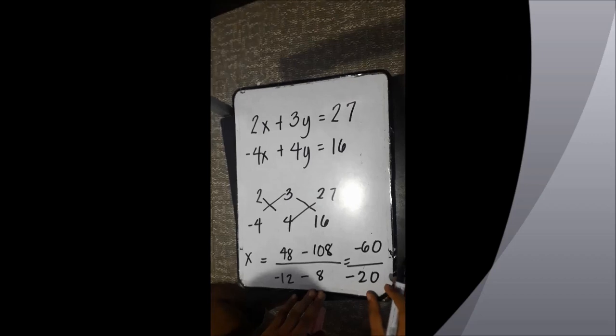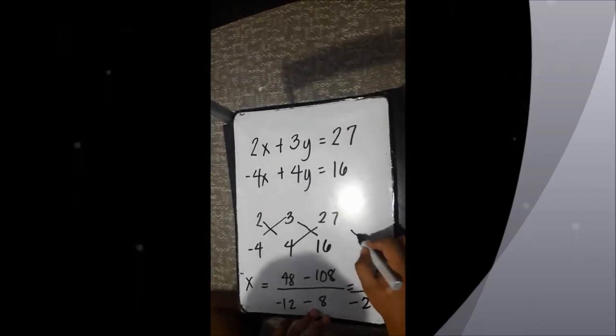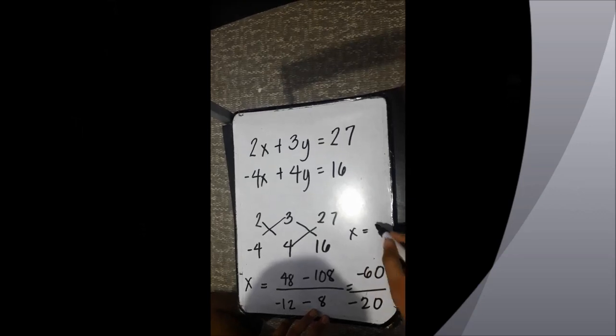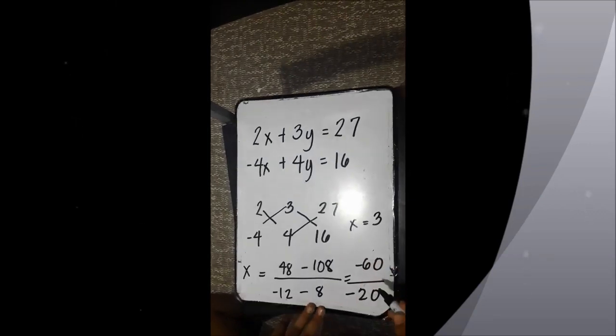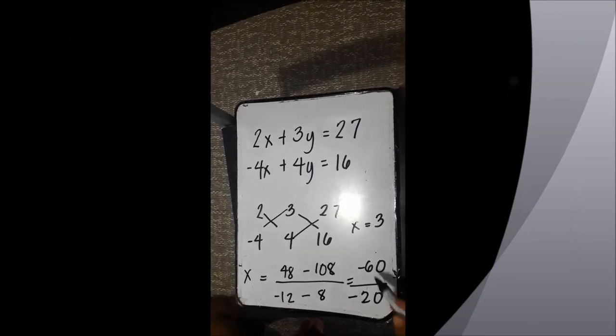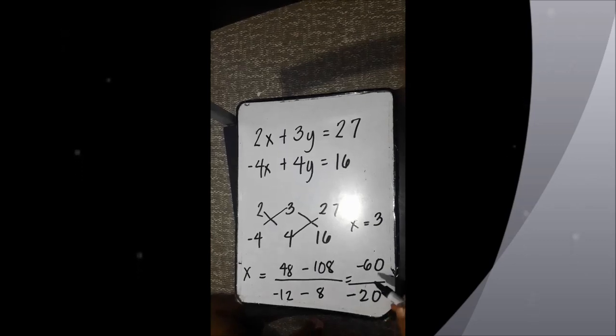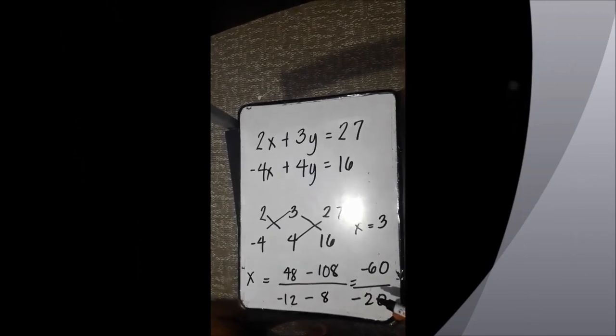And simplifying further, x is equal to positive 3, because negative 60 divided by negative 20 is equal to positive 3. Therefore, the value of x for this equation is positive 3.